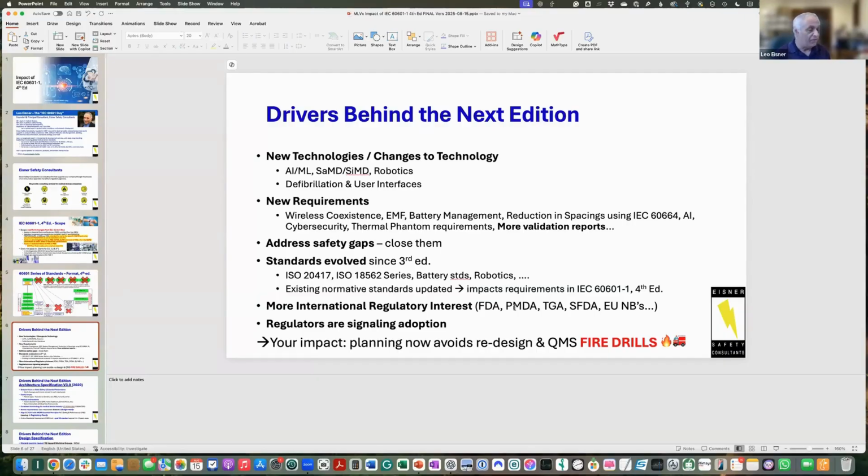The other point is there's 18 people from FDA involved in the total project of 200, 220 people. So that's significant. That's almost 10% of the people involved is FDA. That's huge. So regulators are definitely signaling they're interested in adopting this standard. Your impact planning now is going to avoid redesign and QMS fire drills.